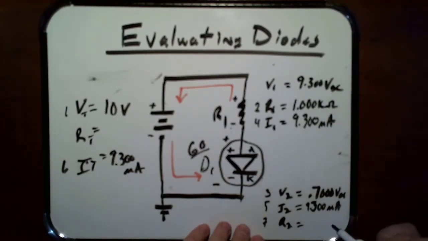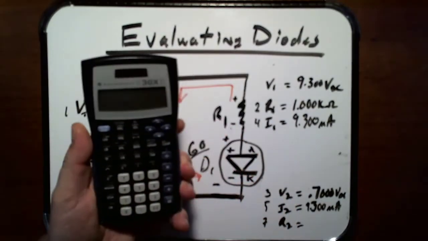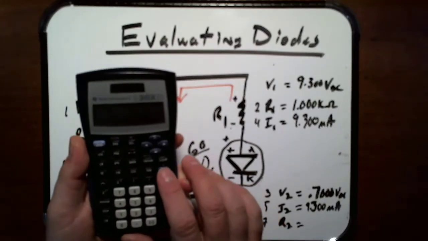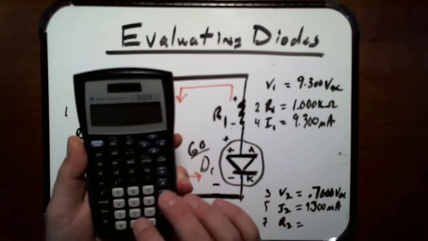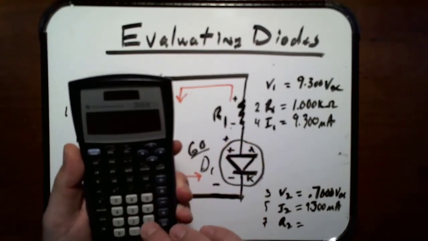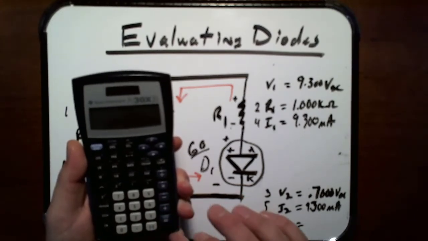My resistance of my diode is going to be calculated by taking 0.7 volts divided by 9.3 milliamps.